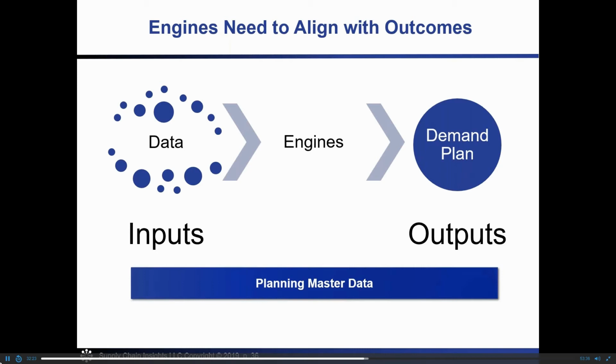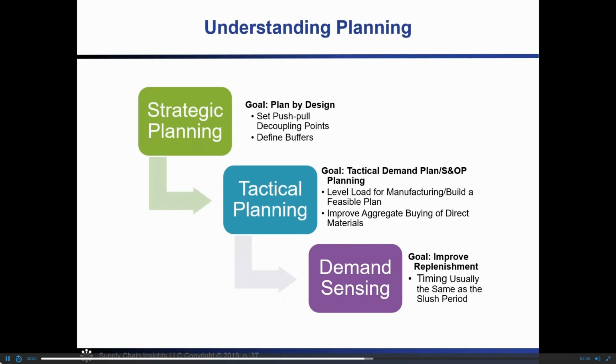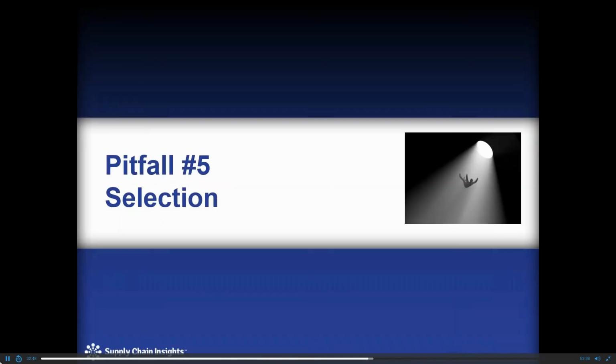And test the solution to be able to look at demand planning in that river that looks at tactical planning and translates it to demand sensing for replenishment. Our river has strategic implications, which get to how we design the supply chain, tactical, and basically demand sensing.